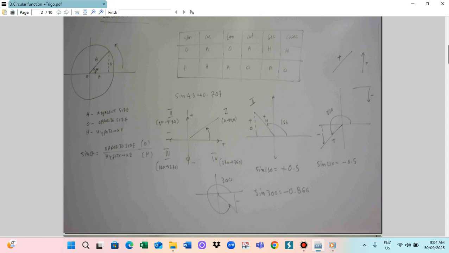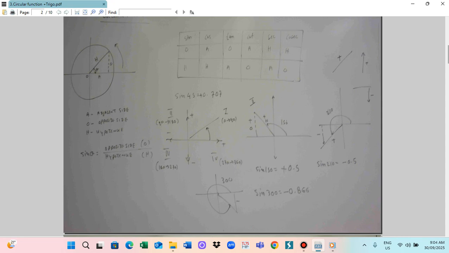This is the first quadrant, second, third, and the fourth. Going upward is positive, going to the right side is positive, going to the left side is negative, going downward is negative. This is why we can get the sign. During the first quadrant, the sine is always positive. So this will be positive 0.707.